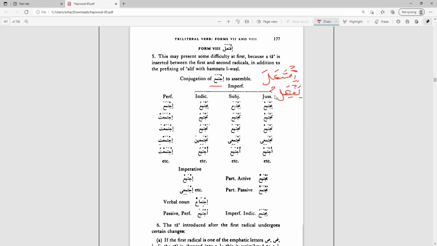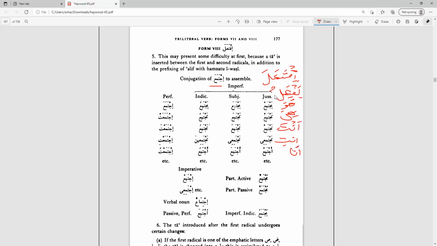In the madi, those are hamza and ta, but ta comes after the first root letter. It may take a bit of time to get used to it, but once you practice, you should be okay. He always starts off with the third person, the masculine huwa, then the feminine, then second person, anta, anti, and then first person, ana.